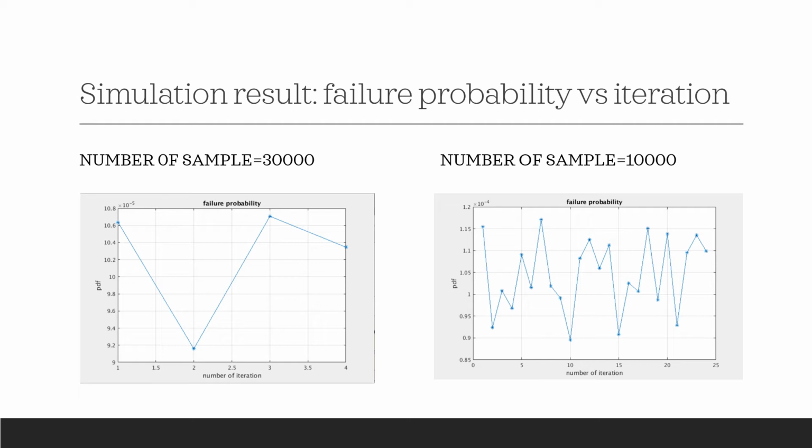However, for the right plot, the process converges in more iterations, hence it ends up with more points of failure probability, and each probability differs slightly from the others. So that's why they look like they are jumping everywhere in the plot.